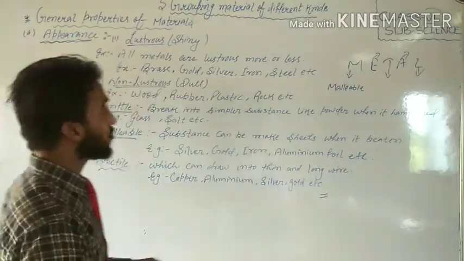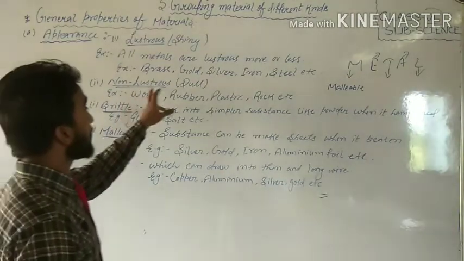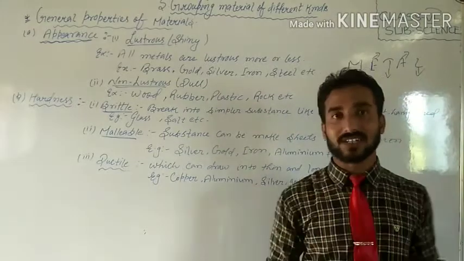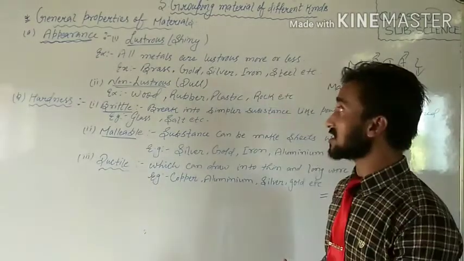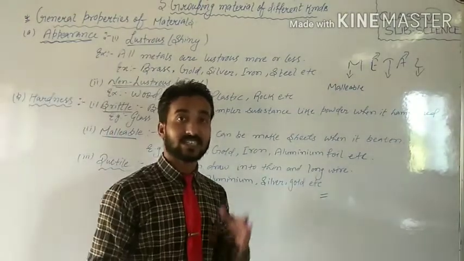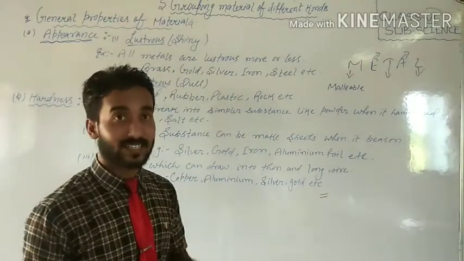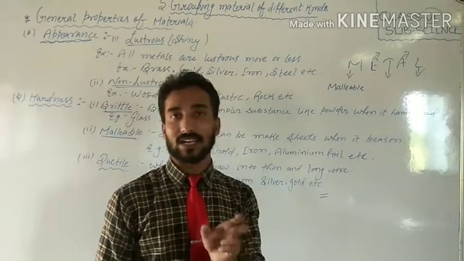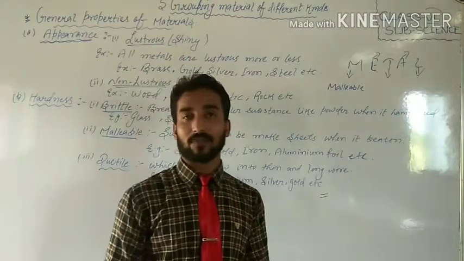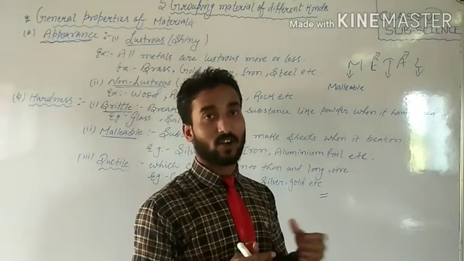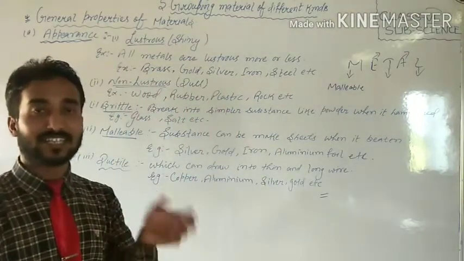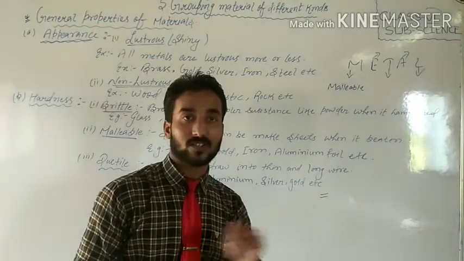The next topic is non-lustrous. Objects may be lustrous and objects may be non-lustrous. Non-lustrous means objects which do not have the property to shine. That is called dull, D-U-L-L. Such objects don't have the capacity to shine, that's why they are classified into the non-lustrous group.